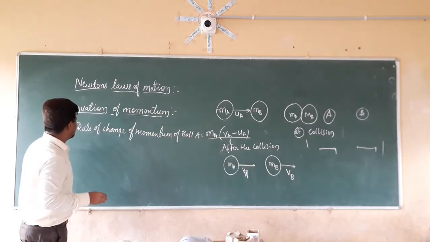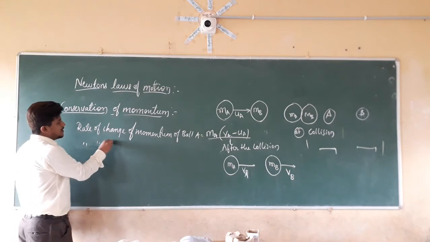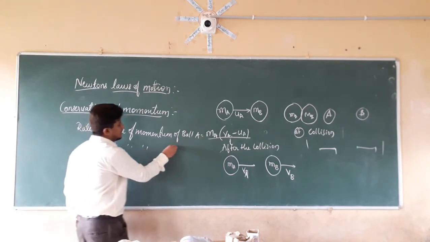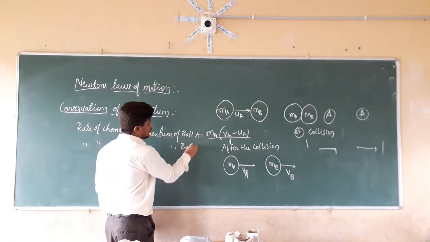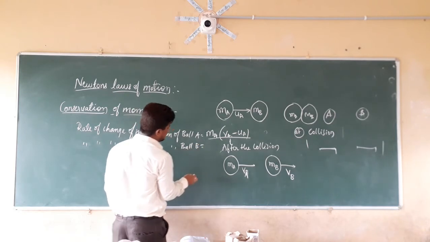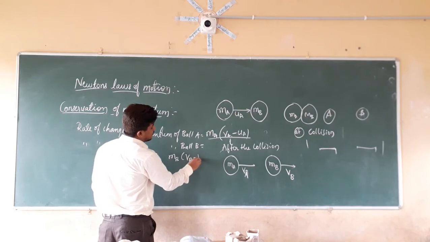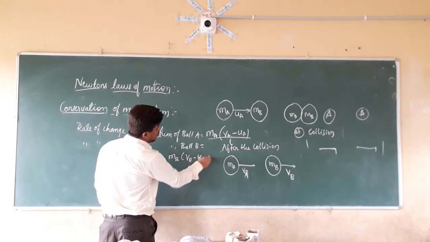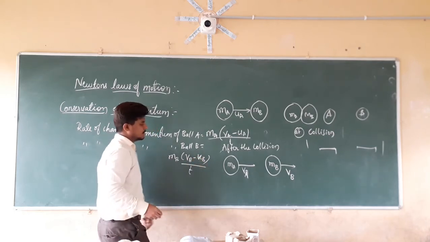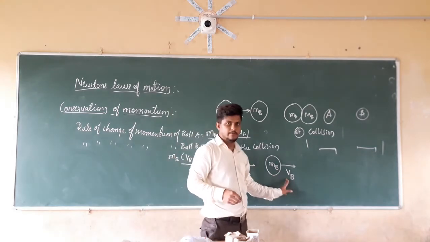In the same manner, the rate of change of momentum of ball B can be given as how much? It is MB times (VB minus UB) divided by T. After the collision, the speed will be VB.